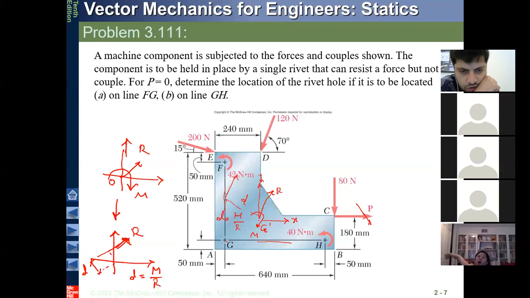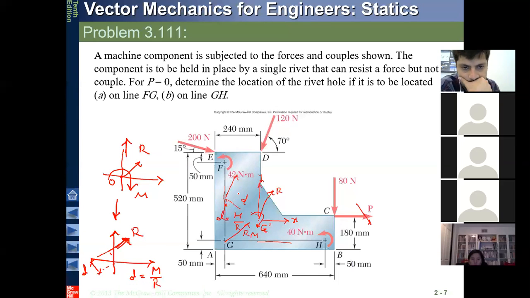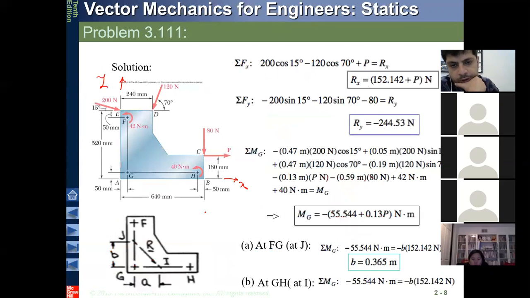But if you choose G, then you're going to have the resultant like this, and then you can change the position. Let's discuss it through the problem.